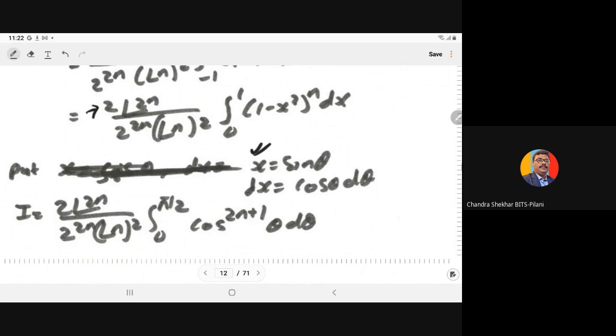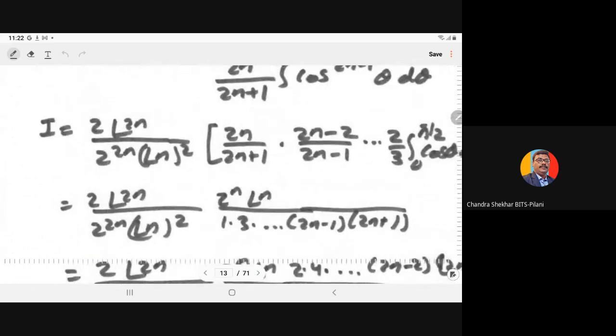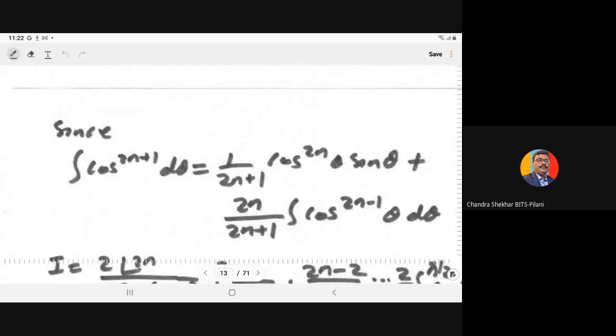And this integral, if you do by parts, we know that by parts we have this result, the integral of cos to the power 2n plus 1 theta d theta. I'm not going into the integral part. It is 1 upon 2n plus 1 cos to power 2n theta sin theta plus 2n upon 2n plus 1 integral of cos to the power 2n minus 1 theta d theta.